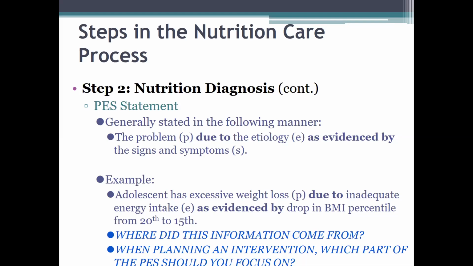What's the best way to solve a problem? Well, for most people, you solve a problem by addressing the cause of the problem. And the part of the PES that is the cause is the etiology. So inadequate energy intake is what we're going to hone in on when we think about how we're going to intervene.